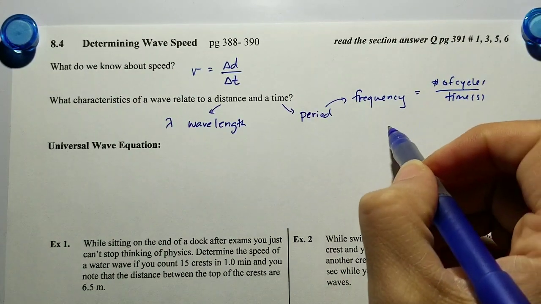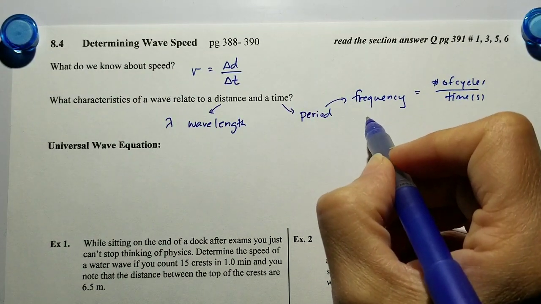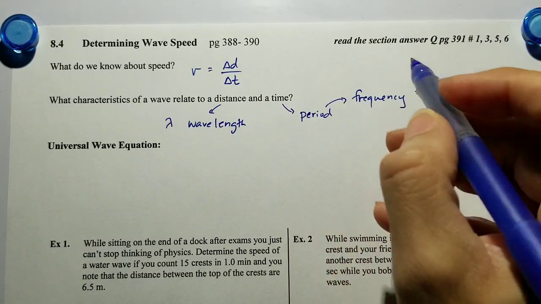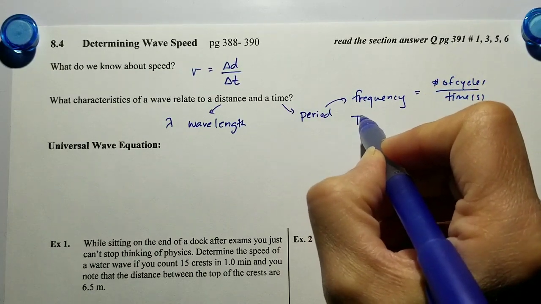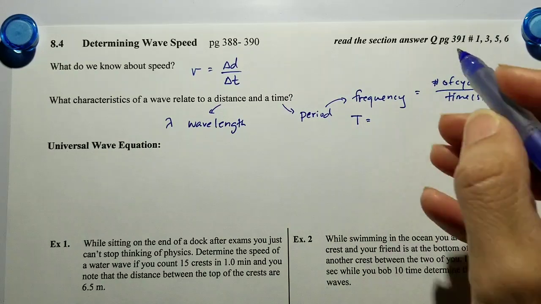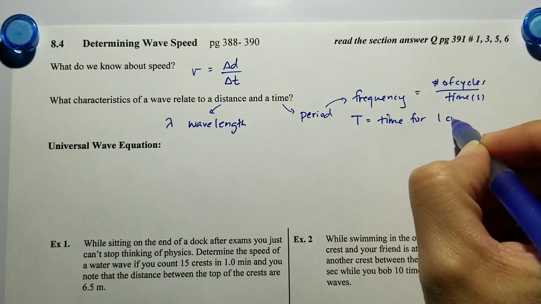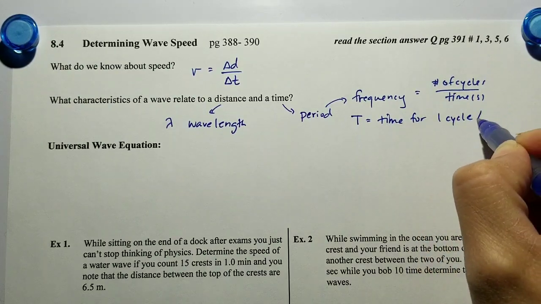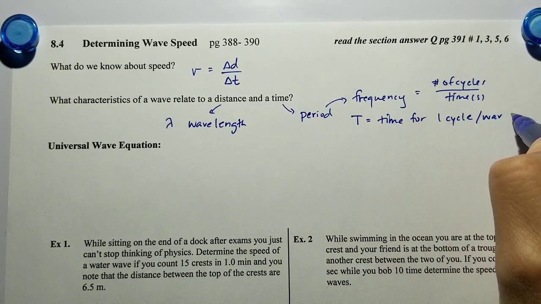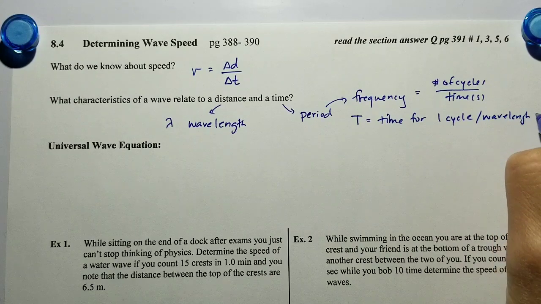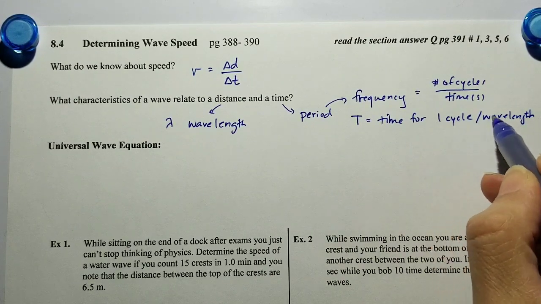But if we flip that over, we get the time for one cycle, and that's called the period. It's a special measurement of time. So it's the time for one cycle. And one cycle is a wavelength in this case. That's not division, it's just meant to mean cycle or wavelength.